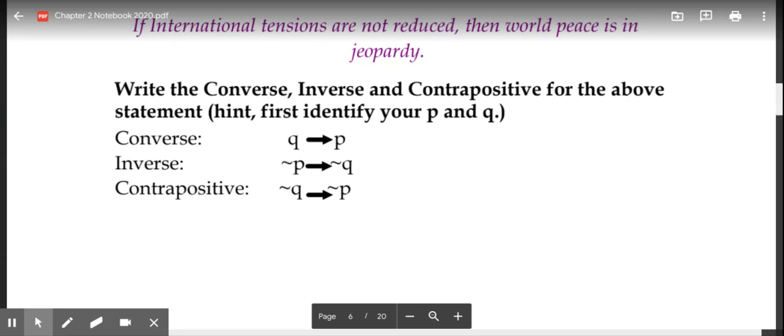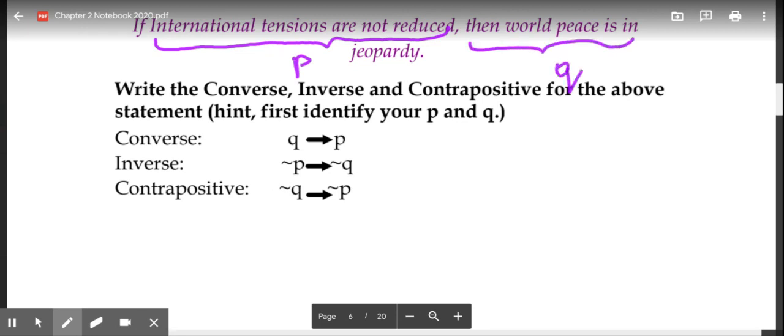Your P is the first part, so that's your hypothesis. And Q is your second part. So P is international tensions are not reduced, and your conclusion is world peace is in jeopardy.